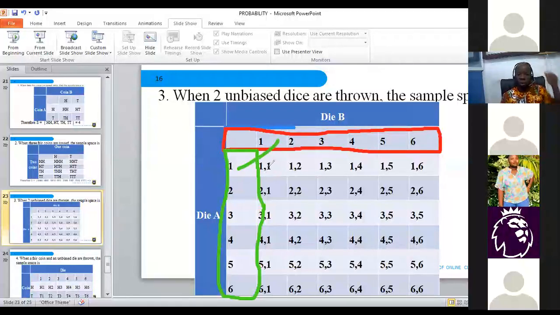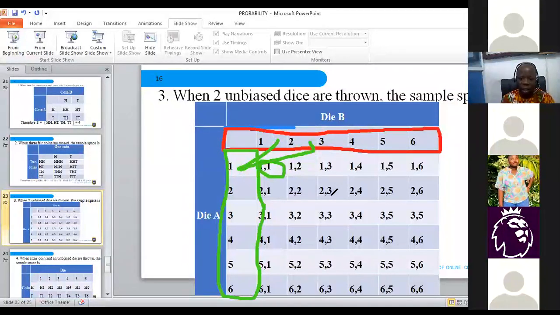If you combine the results from both dice, this and this will give us 1, 1. This and this will give us 1, 2. This and this will give us 1, 3 in that order. Now 2 and 1 will give us 2, 1. This 2 and this 2 will give us 2, 2. This and this will give us 3, 3.